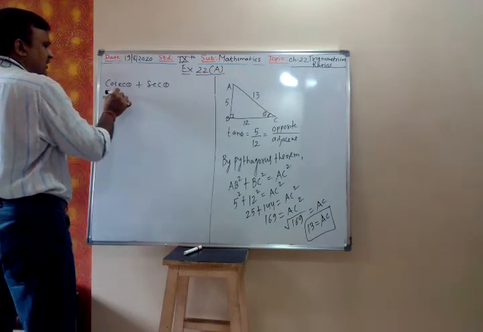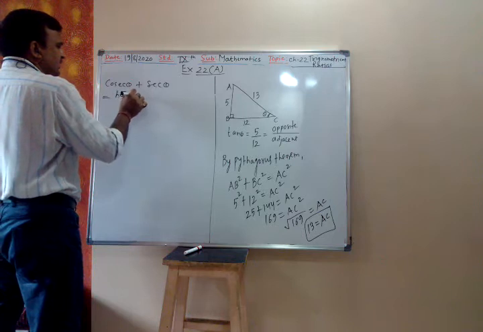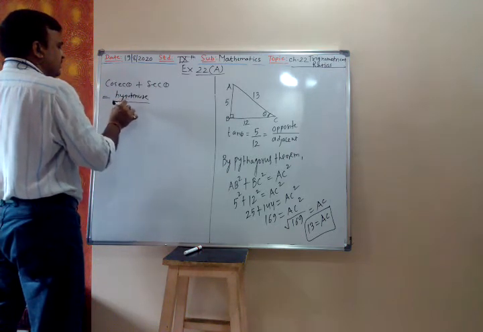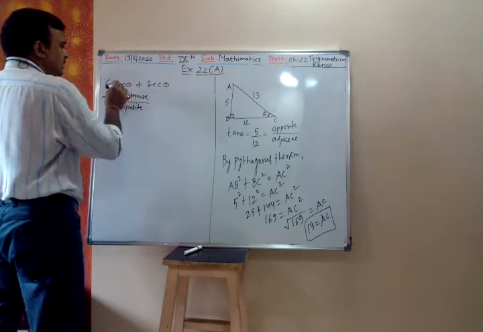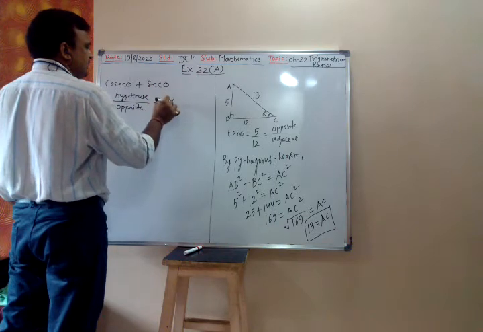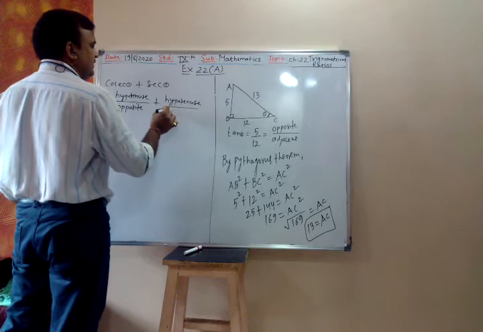You can directly write this as hypotenuse upon opposite. Cosec theta is the reciprocal of sine, and sec theta is the reciprocal of cos, so that is hypotenuse upon adjacent.